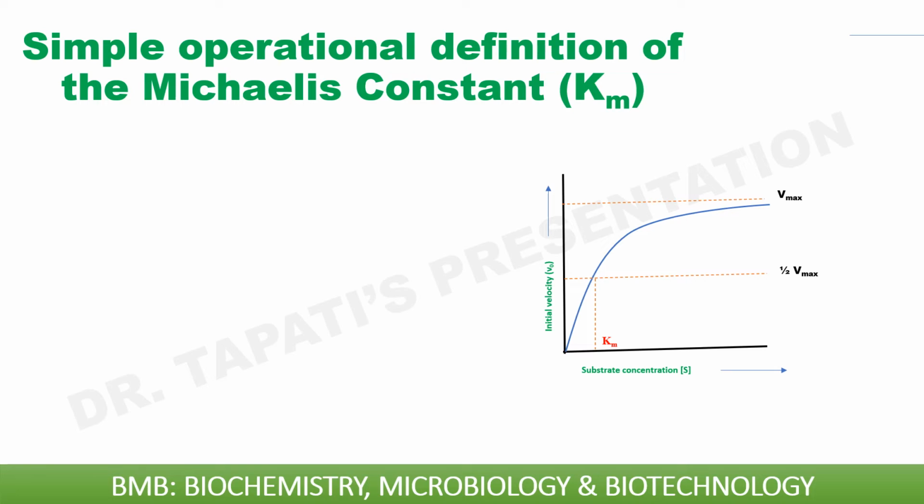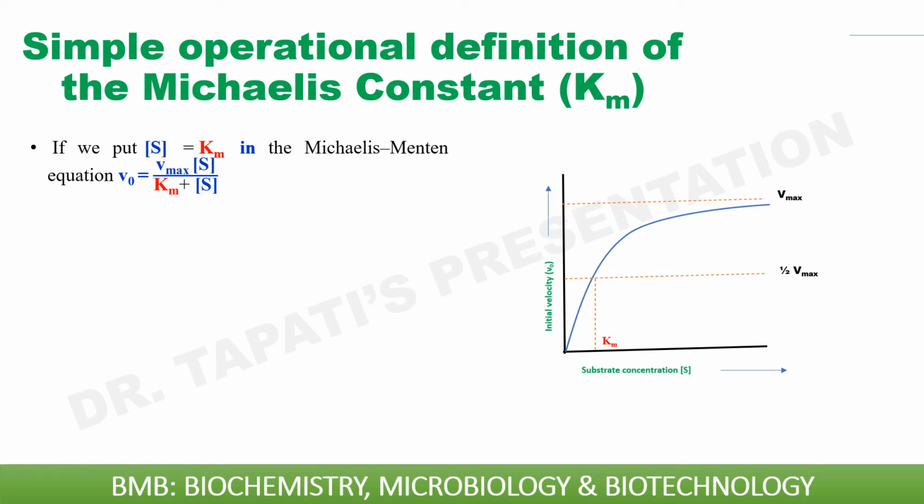Let's calculate the value of Km. If we put substrate concentration equal to Km in the Michaelis-Menten equation, that is V0 is equal to Vmax S divided by Km plus S, then we will find V0 is equal to Vmax S divided by S plus S. We are replacing Km with S, and we will find Vmax divided by 2, that is the value for initial velocity.